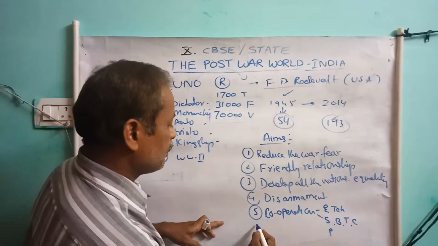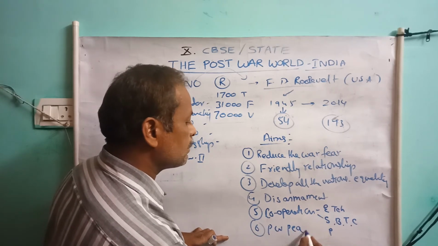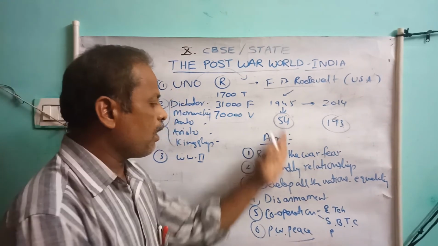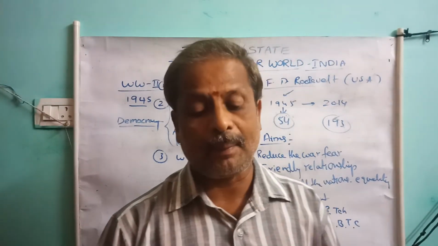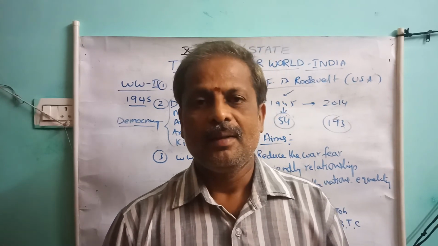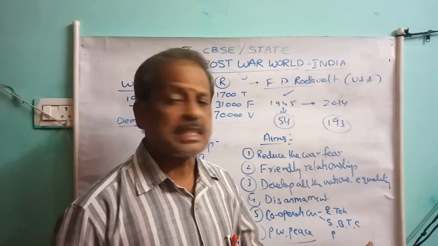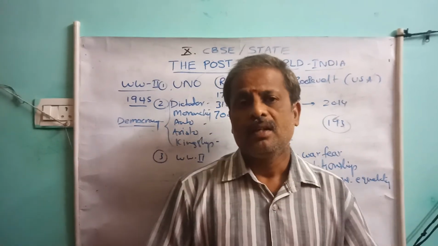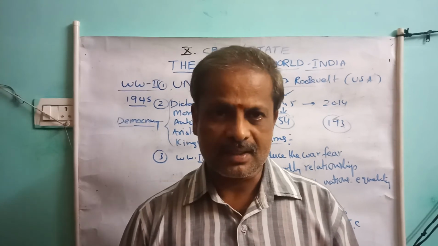And the last one, preserving world peace. By following all these principles, what is the ultimate goal of the UNO? Preserving world peace. As long as all the countries are following all these principles, it is definitely possible to create peace among the world countries.